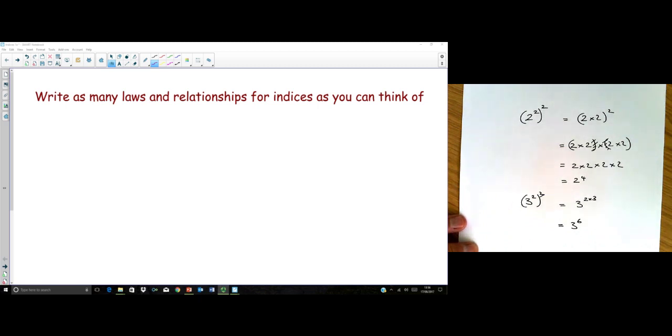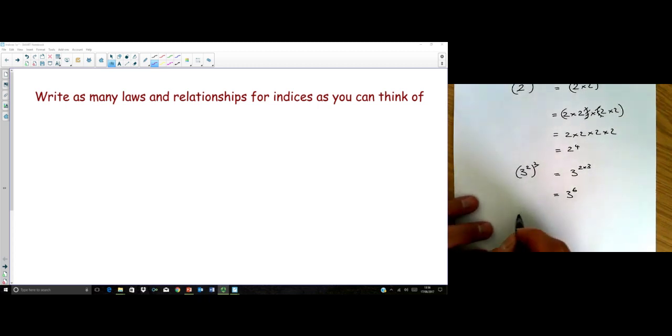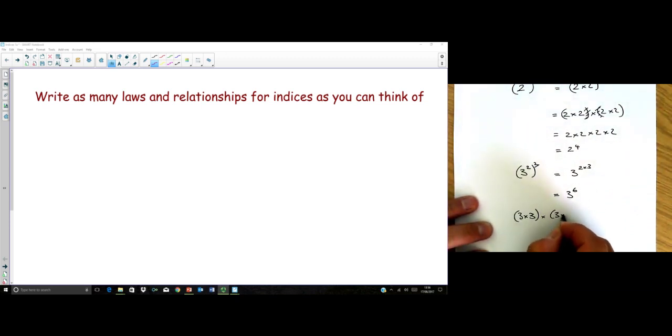And if you want that longhand, just to make sure that is correct, 3 to the 2 is 3 times 3. We're raising it to the power 3, so we've got 3 lots of that. So it's 3 times 3, times 3 times 3, times 3 times 3.